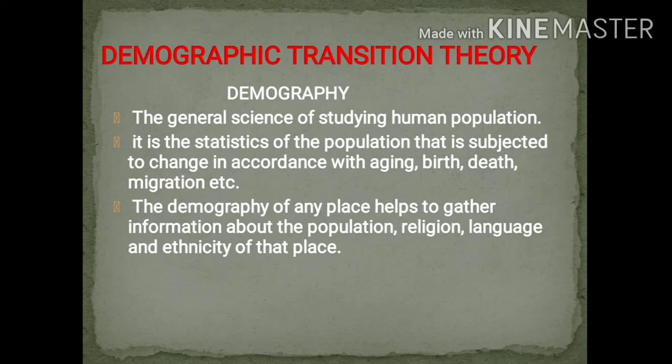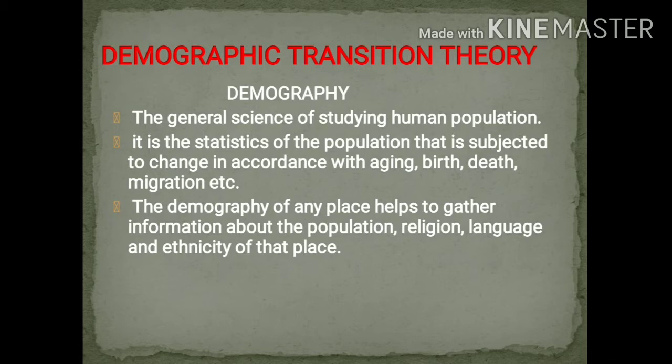Demography is the statistics of the population that is subjected to change in accordance with aging, birth, death, migration, etc. The demography of any place helps to gather information about the population, religion, language and ethnicity of that place.